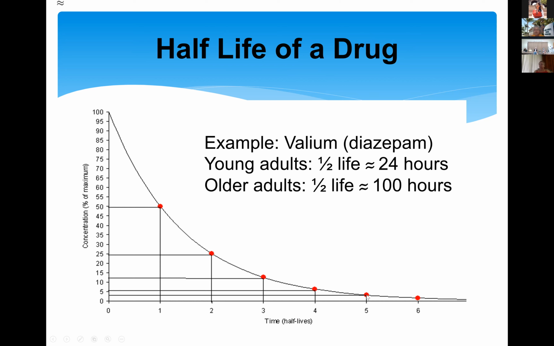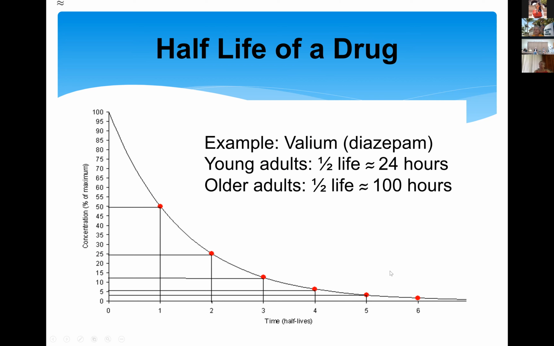So I'll give you an example of a medication called Valium, a very common medication used for sleep. In young adults, the half-life is about 24 hours. This is a long-acting medication. So it lasts for about 24 hours. That's the half-life. In old adults, it's 4 times as much. It's about 100 hours. So now multiply that 100 hours or 4 days by 5 half-lives.